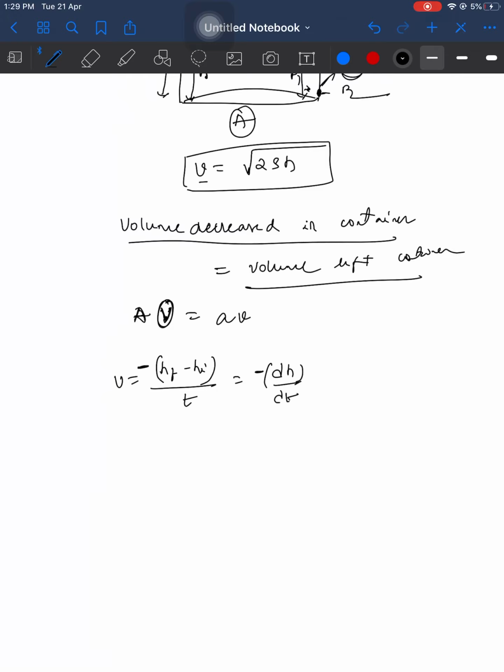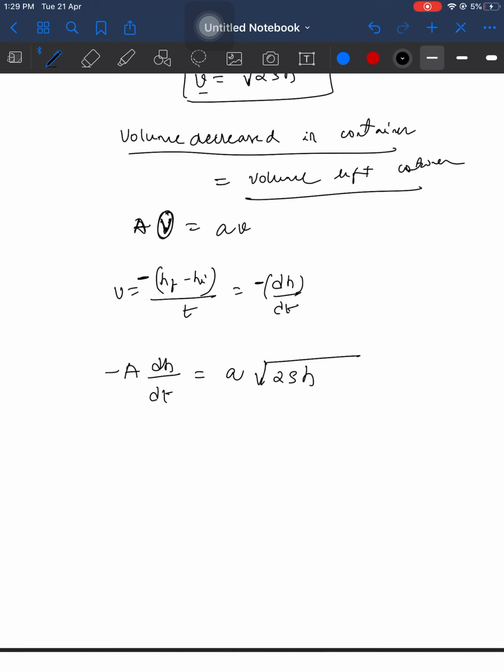Area A into minus dh by dt is equal to small a into v, which is equal to square root of 2gh. Listen attentively. dh by square root of 2gh is equal to a by capital A into dt.